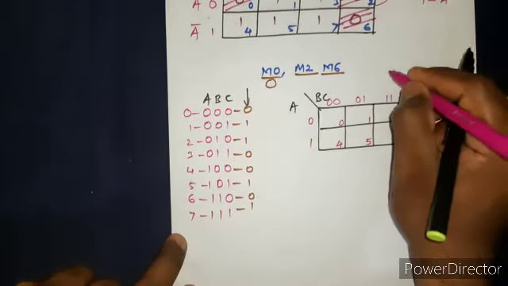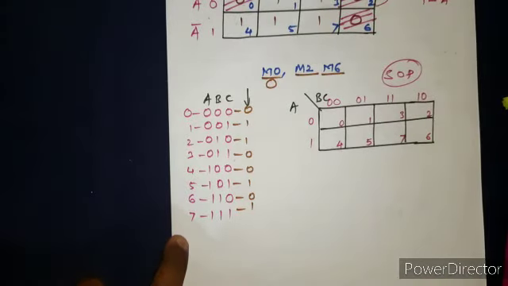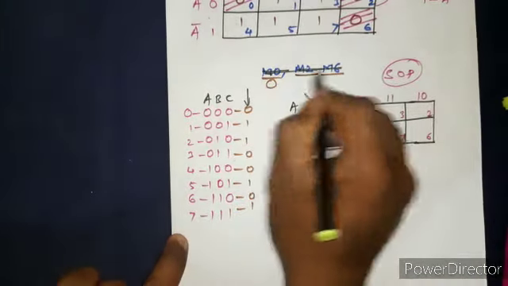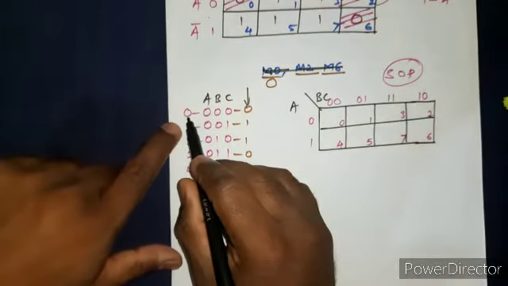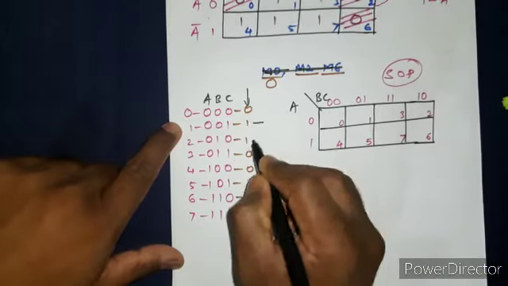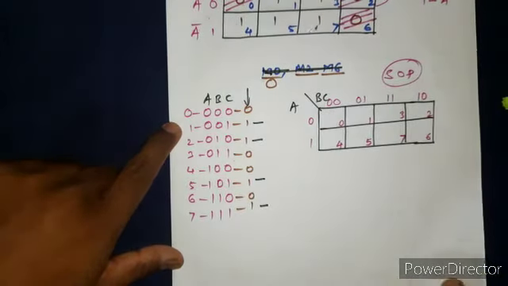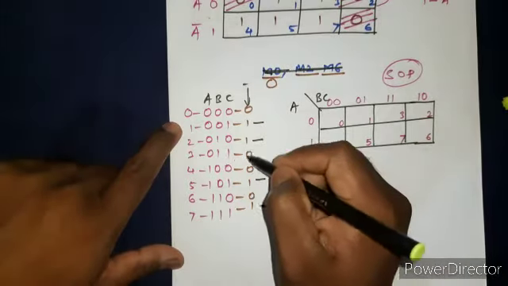Now first consider this to be SOP representation. Since it is SOP, we first focus on the output truth table entries having 1.